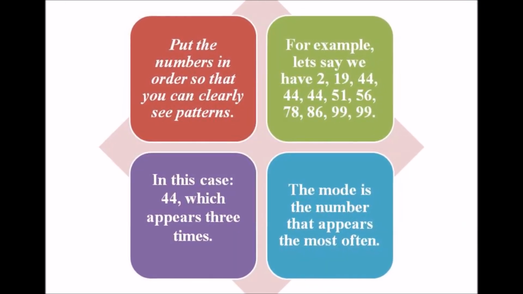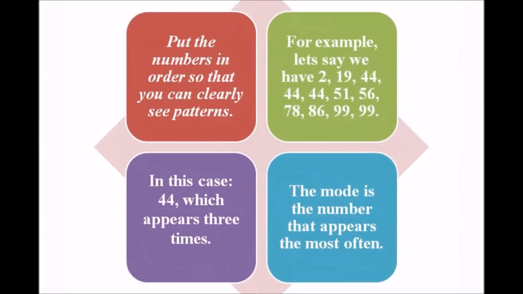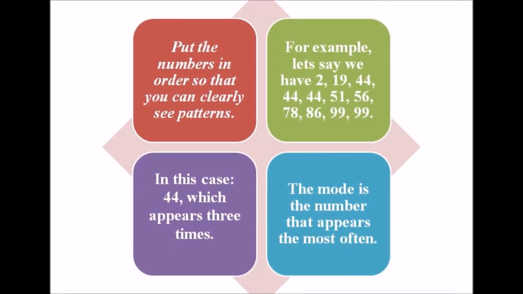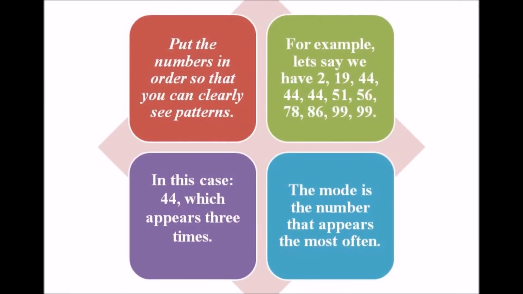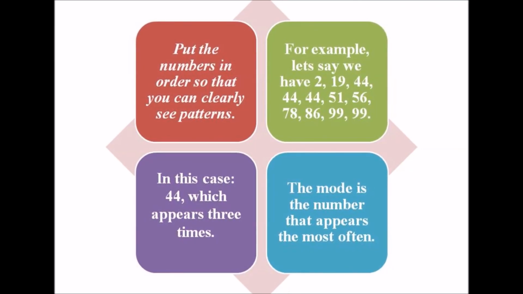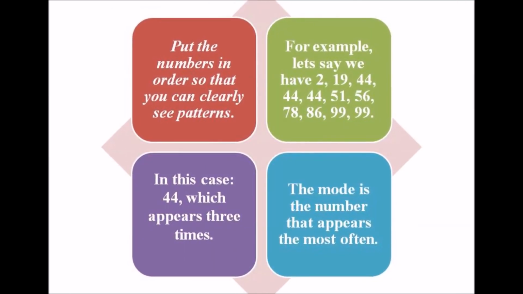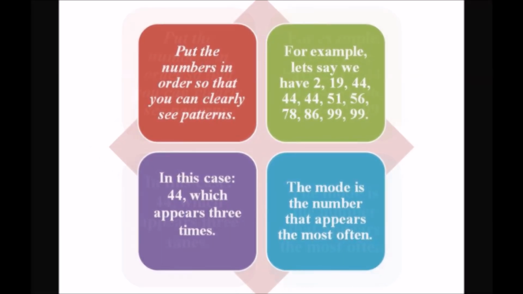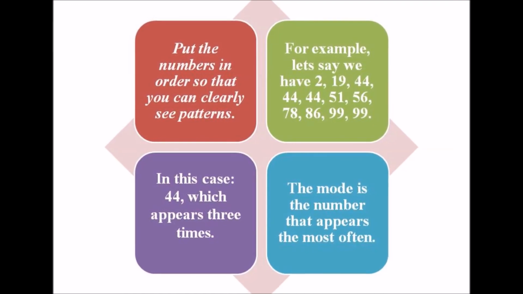So put the numbers in order so that you can clearly see patterns. For example, let us say we have 2, 19, 44, 44, 44, 51, 56, 78, 86, 99, 99. The mode is the number that appears the most often. In this case 44, which appears 3 times.